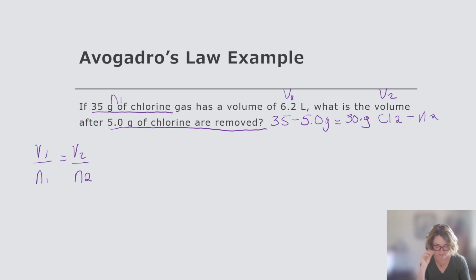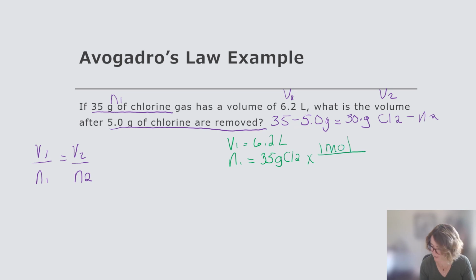All right, so let's write in my variables or list them all out. V1 is 6.2 liters. N1, I have 35 grams of chlorine gas. I'm going to convert that to moles. That is 1 mole over 70.90 grams, which gives me 0.49 moles of chlorine gas.